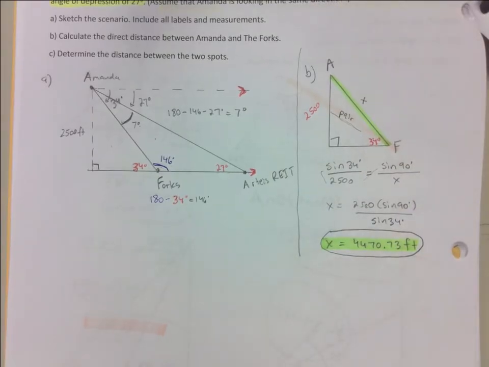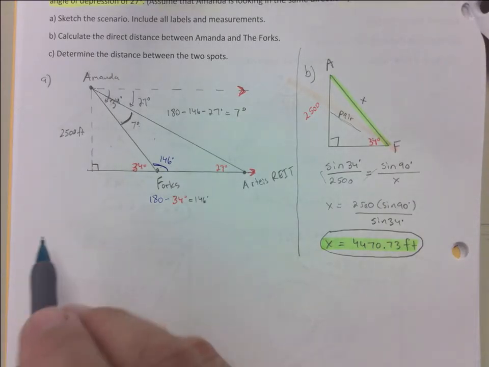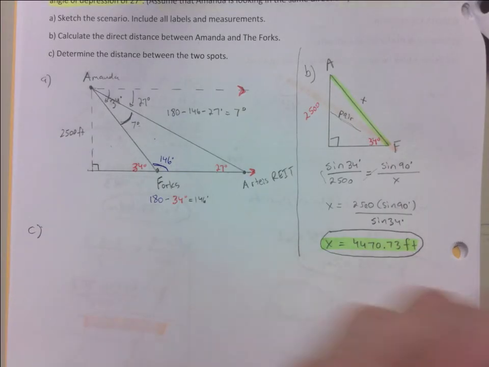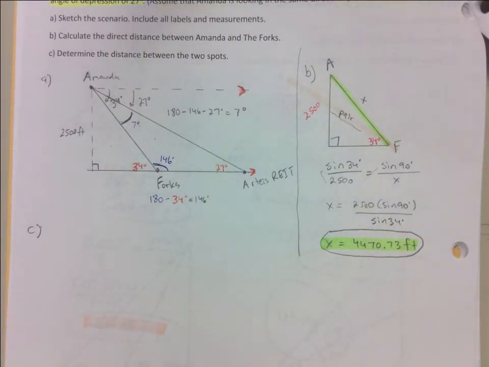Right, we've done some work there for B. Let's do C right here. What is C asking for? Determine the direct distance between the two spots.